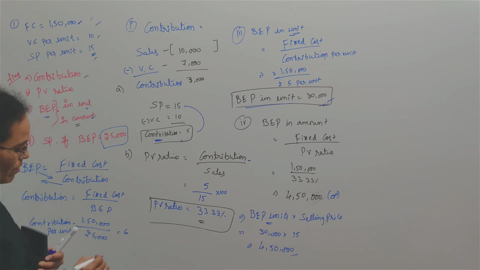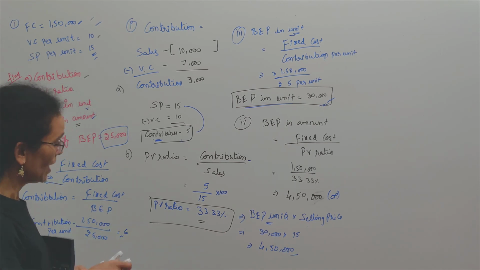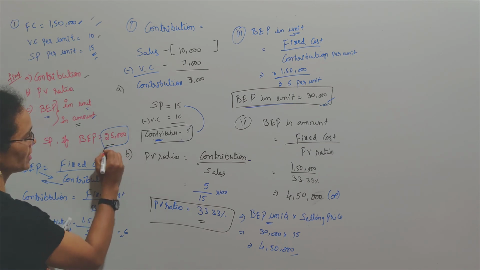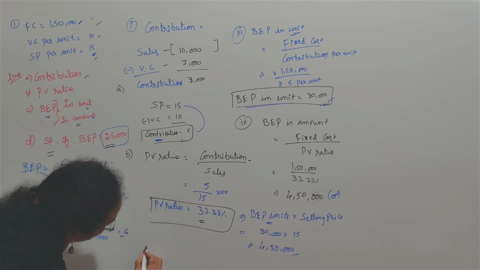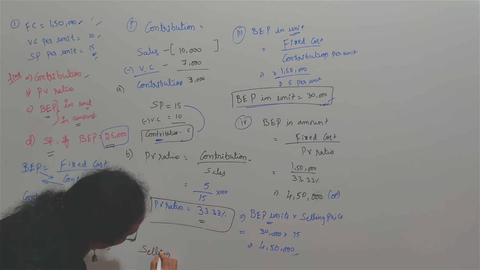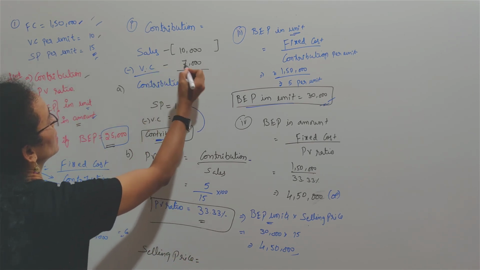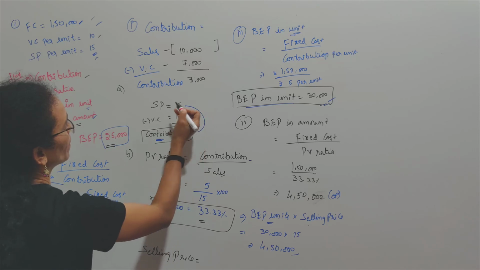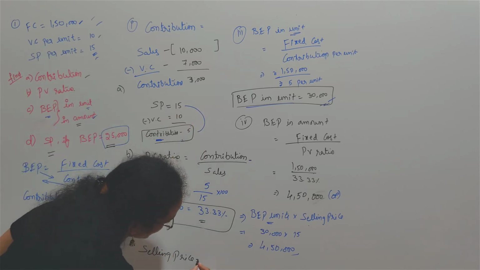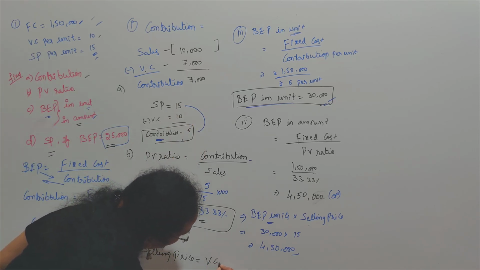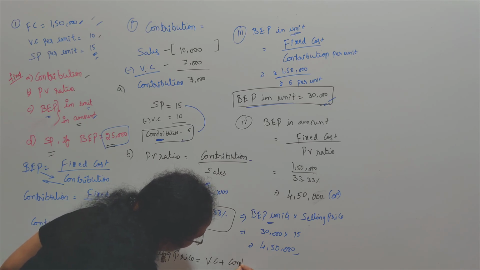6 rupees is the contribution. What is being asked? If the break-even point is this, what is the selling price? Selling price equals variable cost plus contribution.